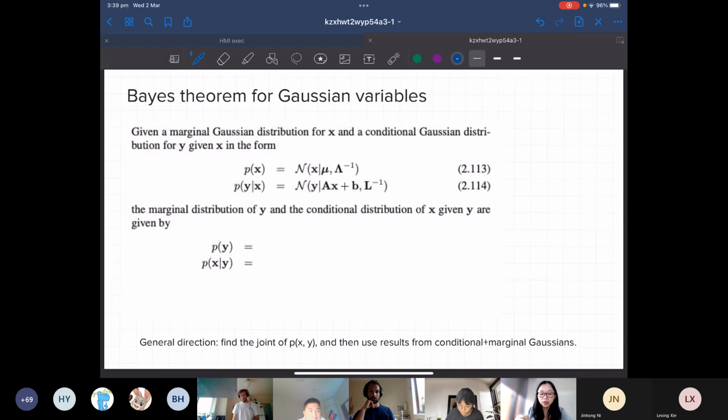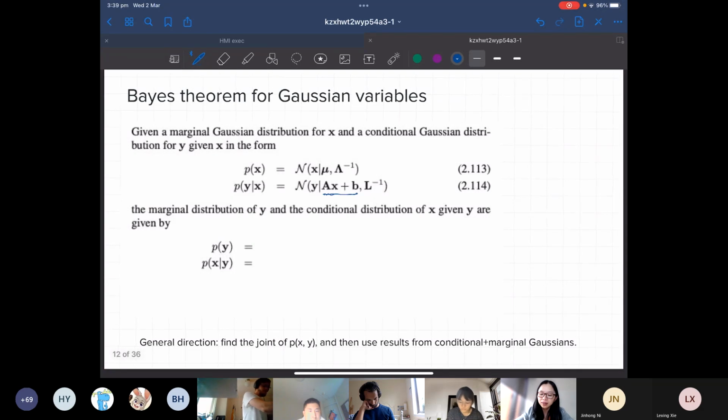So let's assume there's P of X, which is normally distributed with precision parameter gamma. There's P of Y given X, which is also Gaussian. The mean is AX plus B. This is closer to what we're currently caring about.